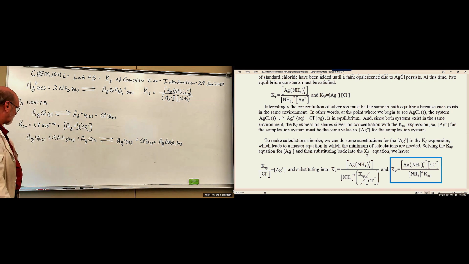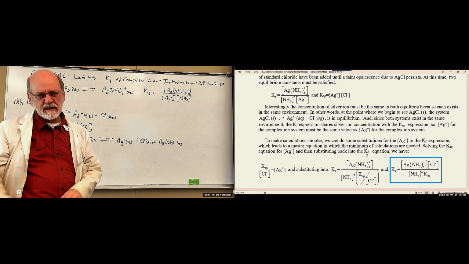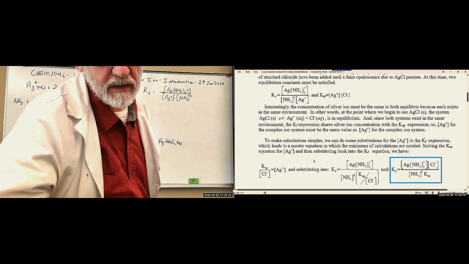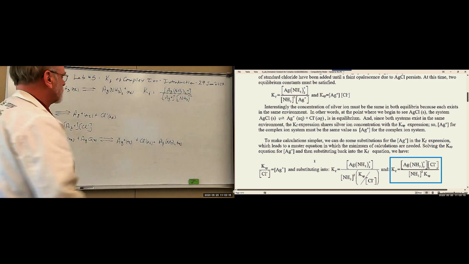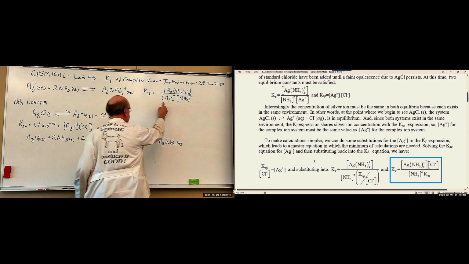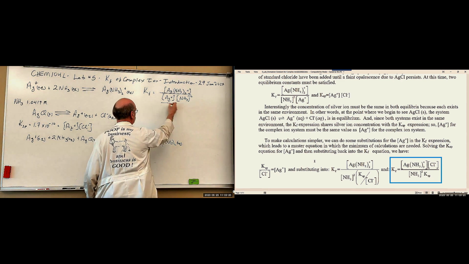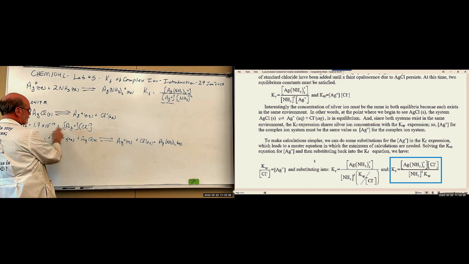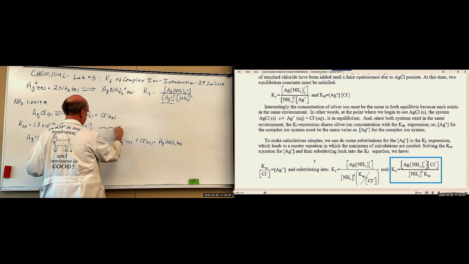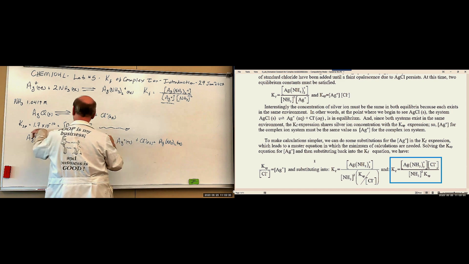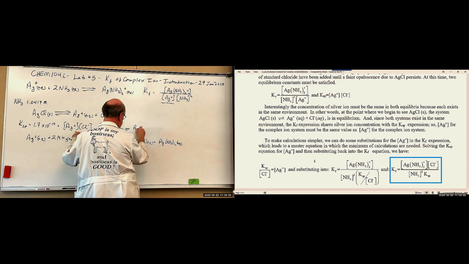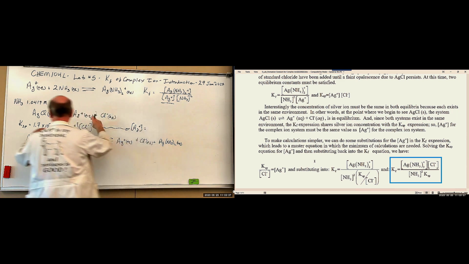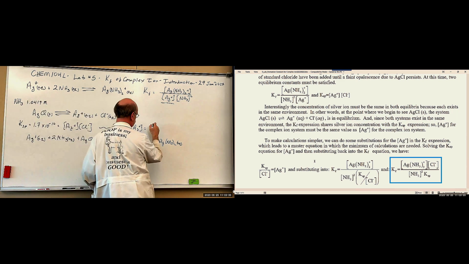So if we take this one and solve it for silver, then we get silver ion concentration at equilibrium equals KSP divided by chloride concentration.